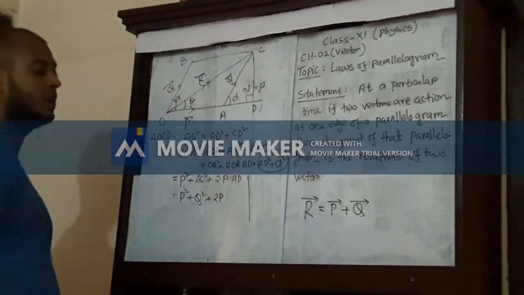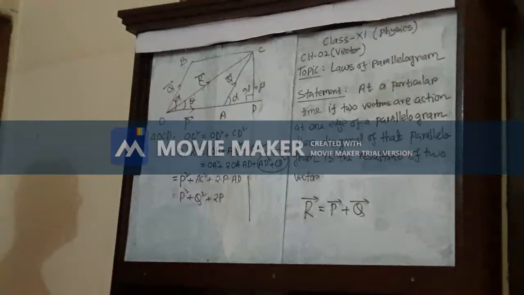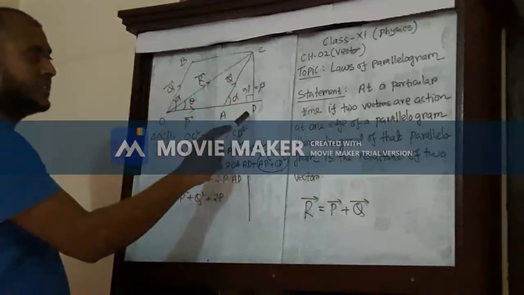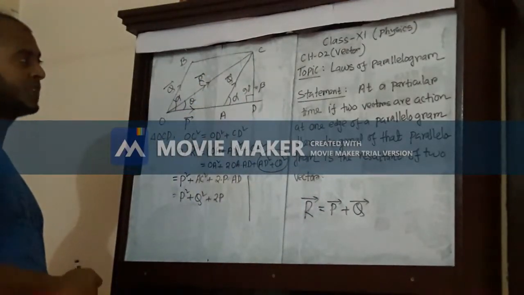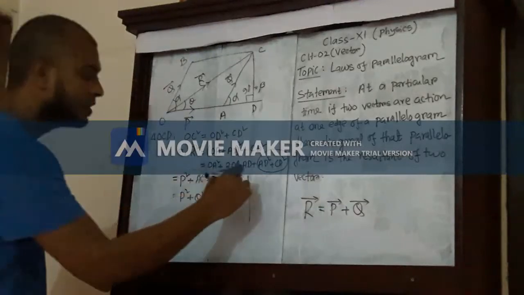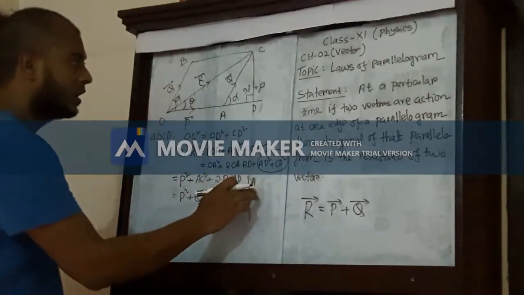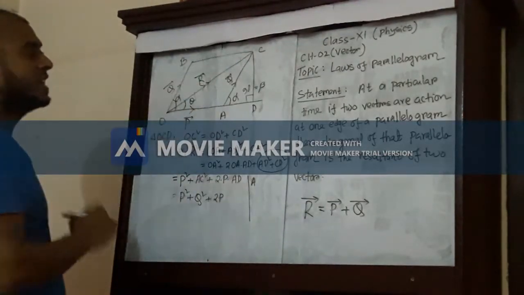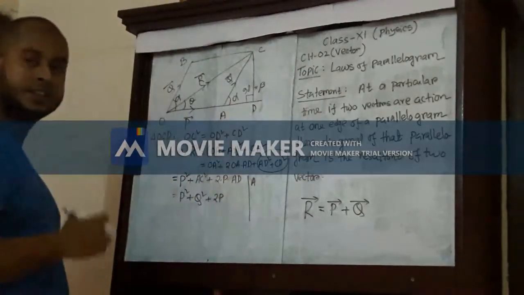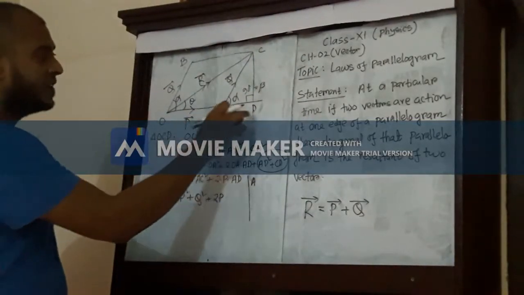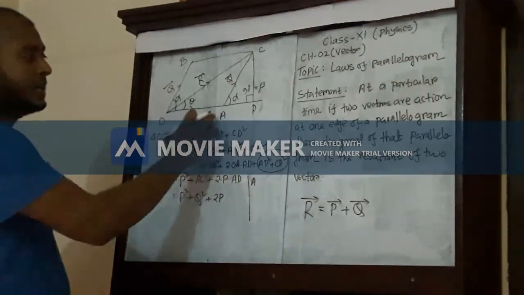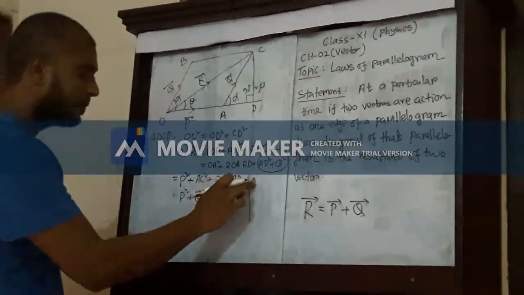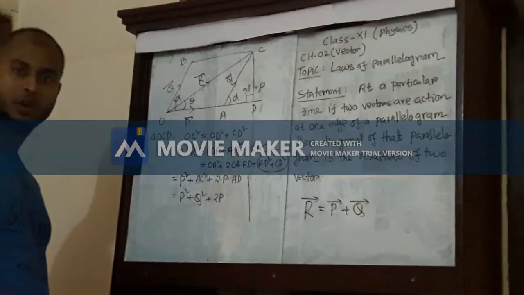Now I'm going to find out the value of AD. You see, boys and girls, the smaller triangle ACD is also a right angle triangle. The value of AC is Q, a known value. The value of AD is unknown. AD is the base and AC is the hypotenuse, so I can apply the cos ratio.